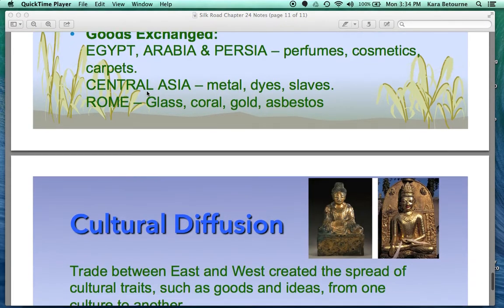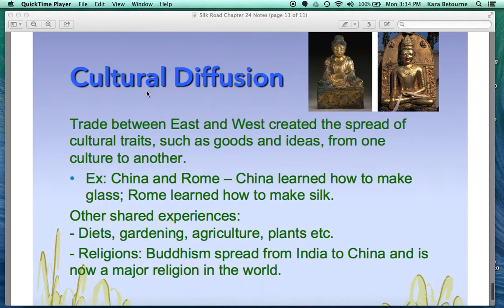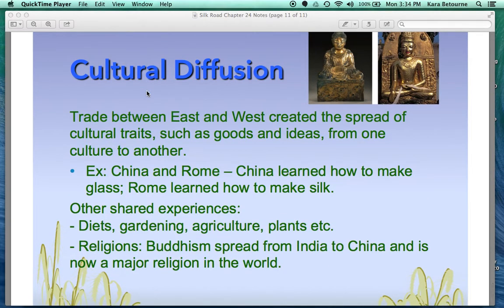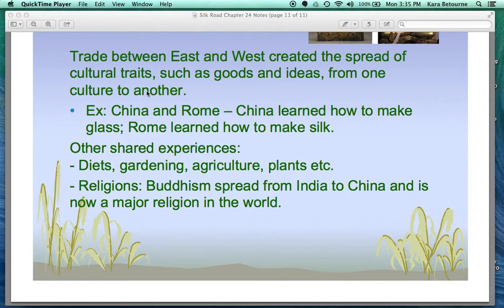And then a little bit about cultural diffusion, because not only goods were exchanged on the Silk Road, a lot of ideas and religions were also traded from one person to the next. I have attached this PowerPoint so you can take a closer look, even print it out if you want to. Let me know if you have any questions.